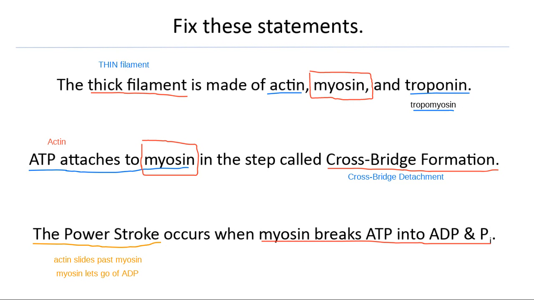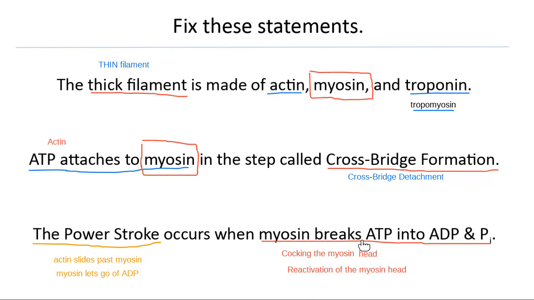Yeah, so the step where myosin actually breaks down ATP, where it steals the energy of ATP, this is called cocking the myosin head, or sometimes one of our videos calls it reactivation of the myosin head. It means the same thing. I like reactivation because it gives you an idea that this is where I get energy back into myosin.